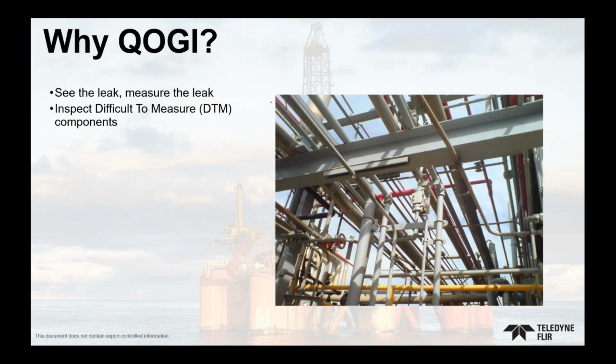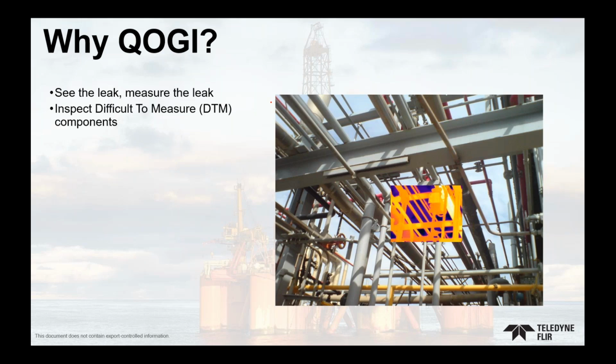Another great benefit for quantification, or the QOGI tool, is to inspect difficult to measure or difficult to monitor components. Components that you would normally have to maybe get scaffolding to reach, or have some rigging, become very difficult with the traditional sniffer probe method, because it's almost like a contact method.